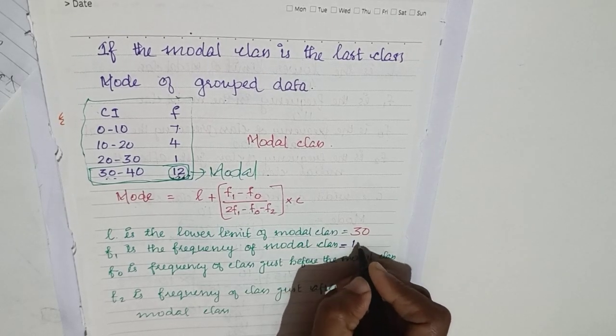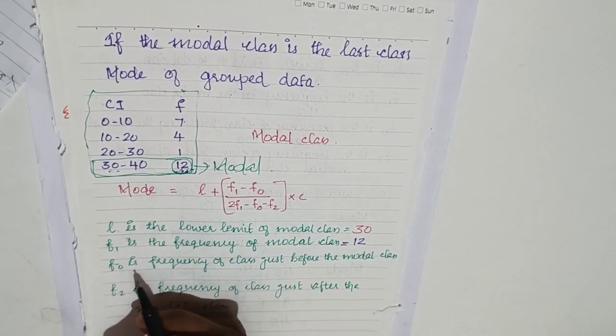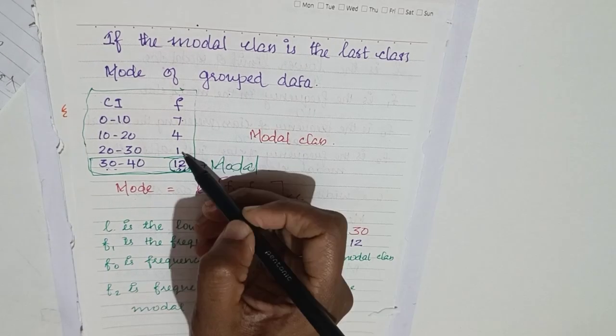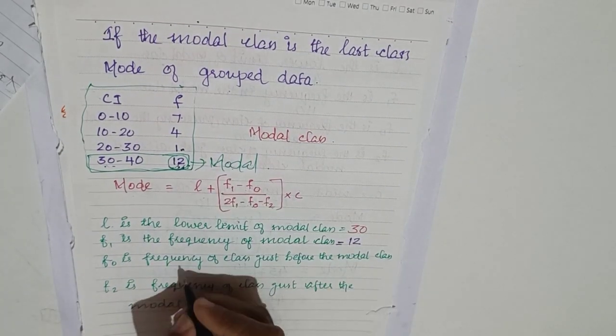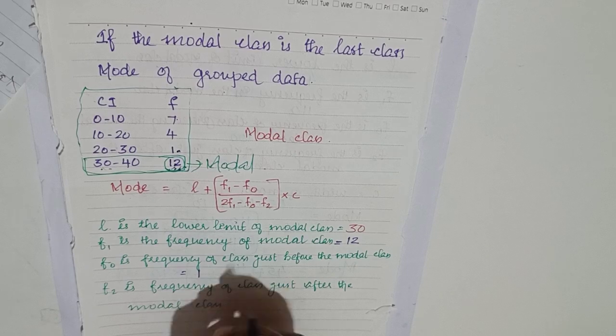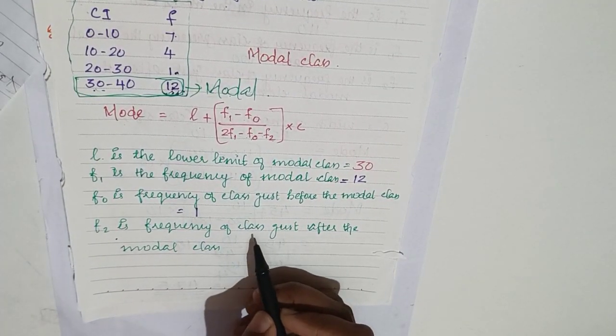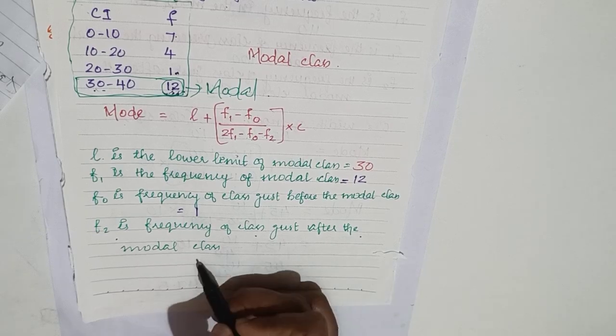So F1 is 12, and F0 is the frequency of the class just before the model class, that is 1. So F0 is equal to 1, and F2 is the frequency of the class just after the model class.